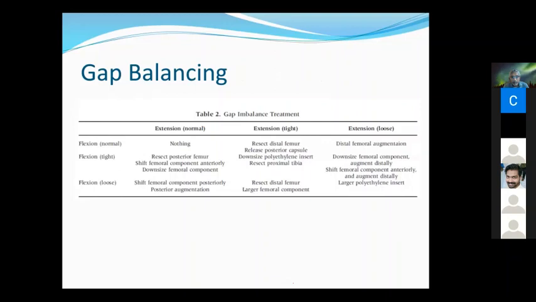Okay, I won't go into this. You'll have to understand this. This chart is very important, I find. You can look at various combinations where flexion is normal, extension is normal, or flexion is tight and extension is normal.